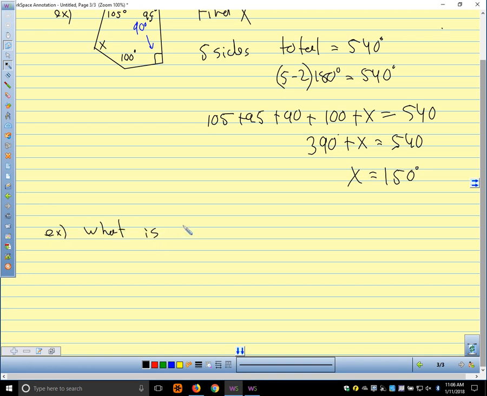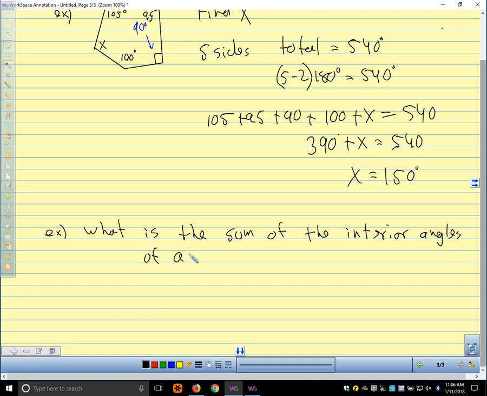So this problem is, what is the sum of the interior angles of a decagon?